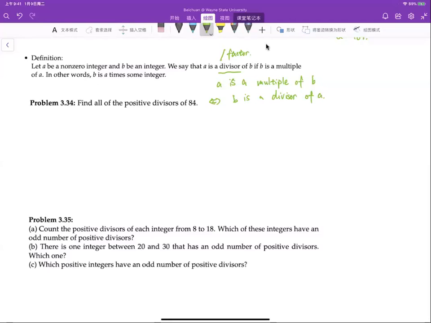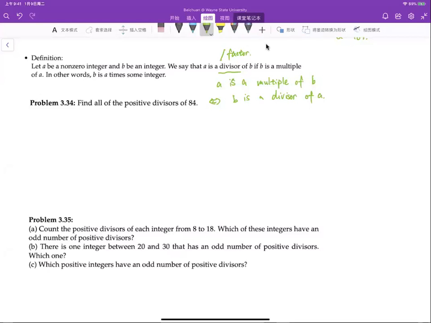I believe they are the same thing. So can anyone find all positive divisors of 84? Here you can consider the prime factorization, or you can just consider the divisors directly. So you can start trying from 1 to 84.